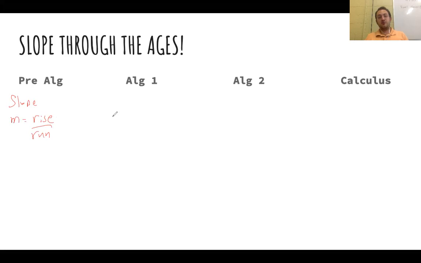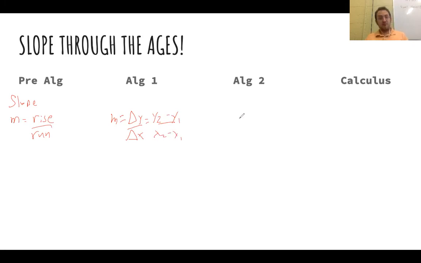Maybe towards the end of pre-algebra, beginning of algebra 1, they said that slope was your change of y over change of x. This is y2 minus y1 over x2 minus x1.